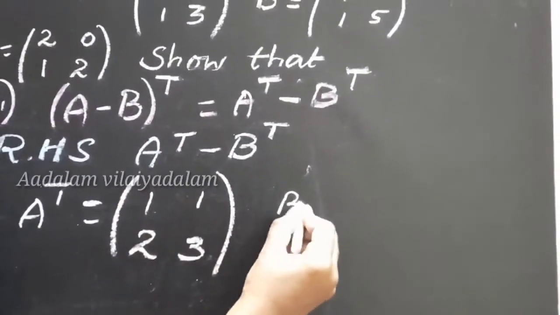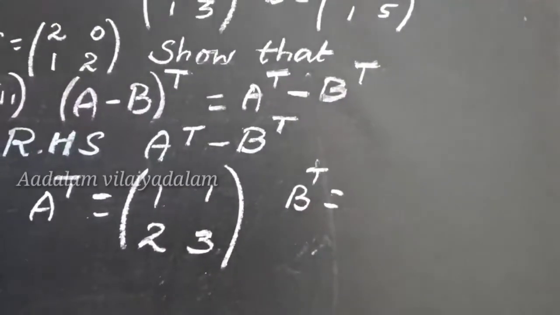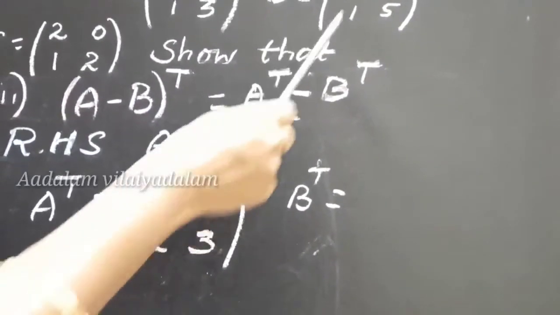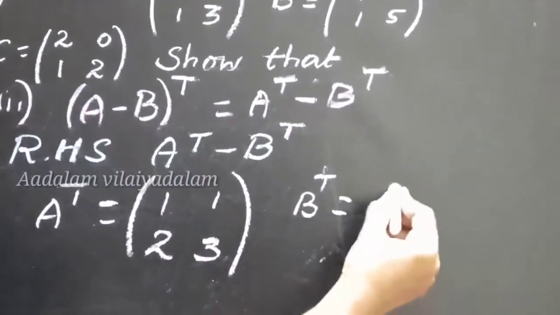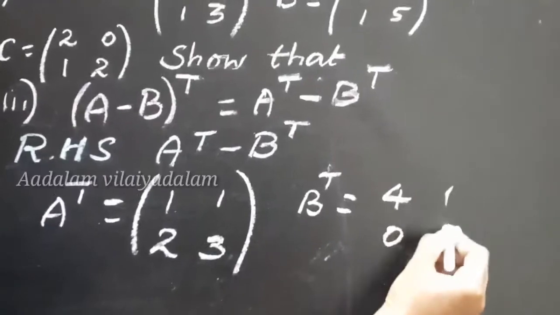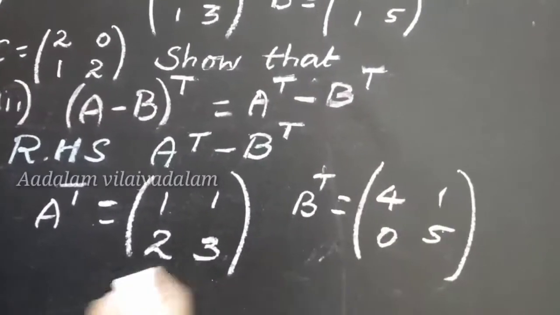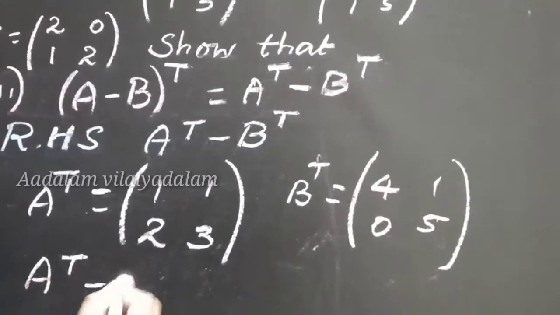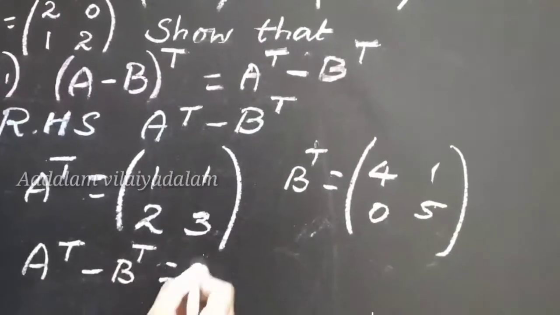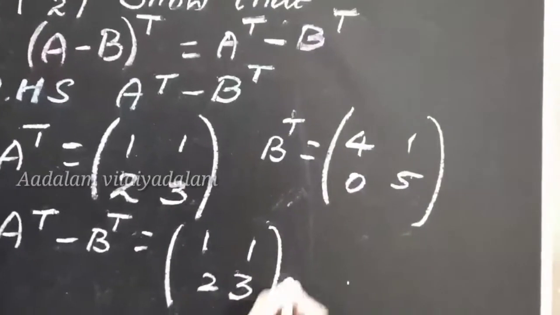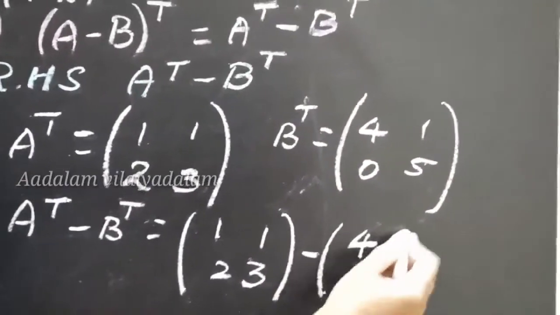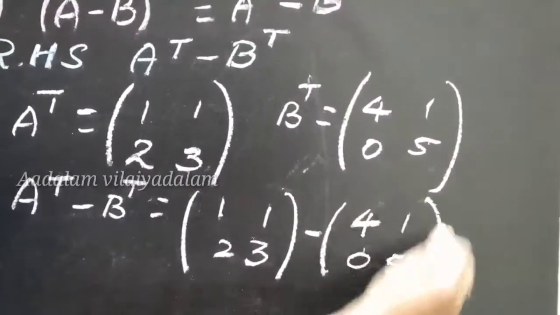So B transpose: this is the B value 4, 0, 1, 5, just interchange the row and column: 4, 1, 0, 5. So A transpose minus B transpose is A transpose value 1, 1, 2, 3 minus 4, 1, 0, 5.